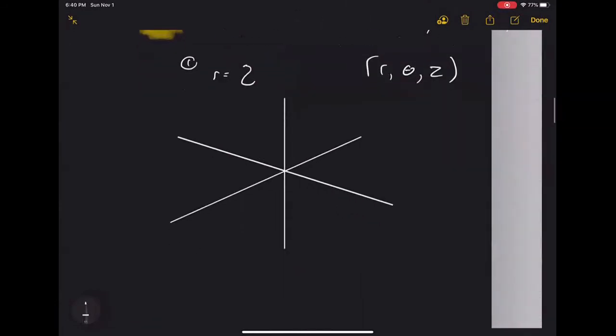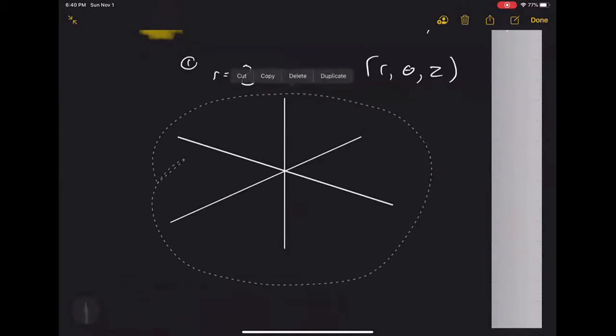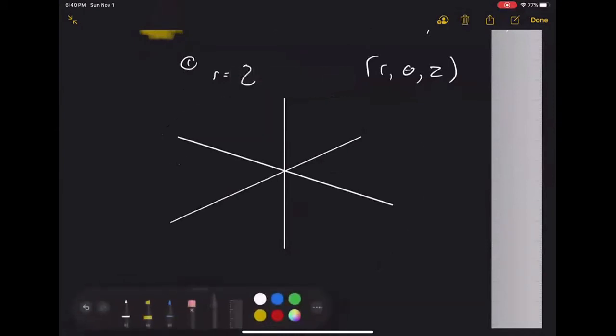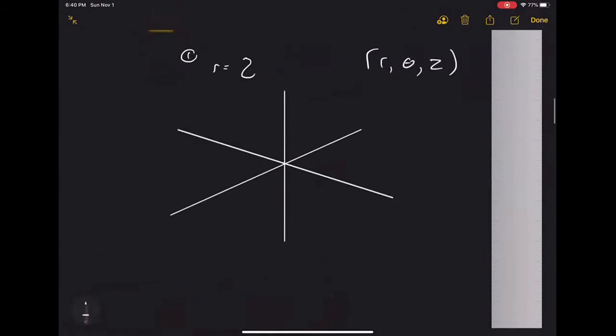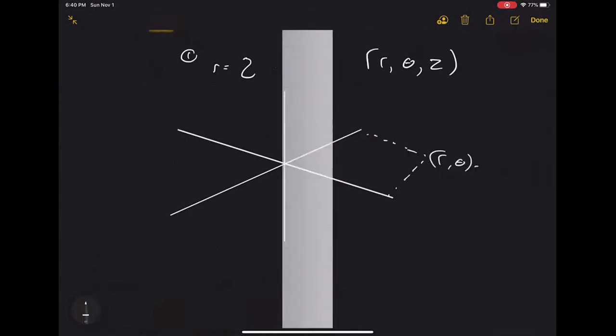I'll go ahead and copy this because we're going to do a couple of these. All right, copy there. All right, what would r equals 2 be? Well, let's start with this horizontal plane here. We call that the r theta plane.